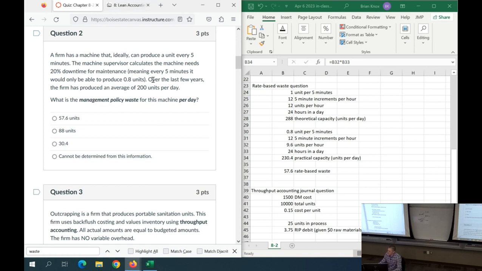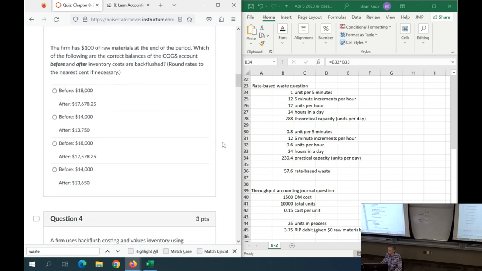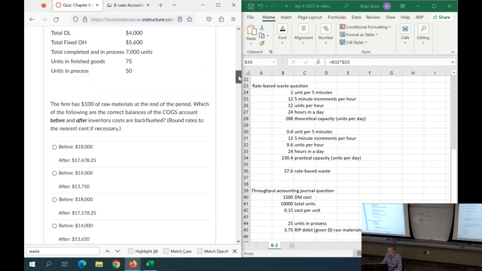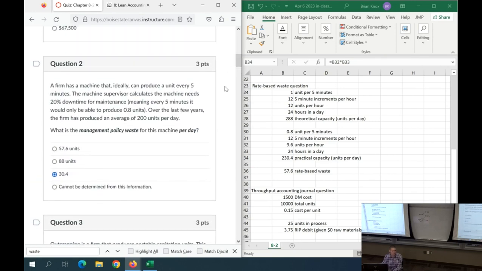Normal meaning this over the last few years is what makes it the normal, smoothed out over time, smoothing out the bumps that might happen. One day it has a lot of stuff, one day it doesn't do very well. The norm is going to be 200 units per day. So the difference between those two is 30.4. Is that okay? Sorry, I ran away from that question.